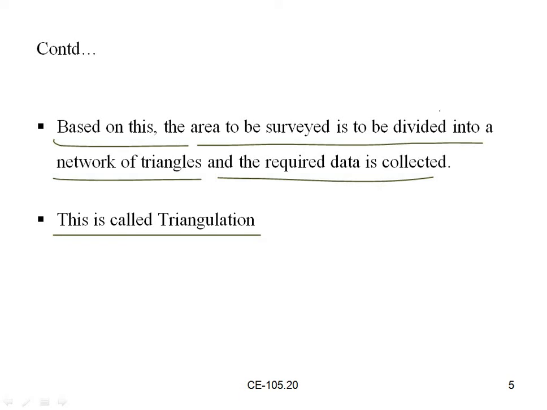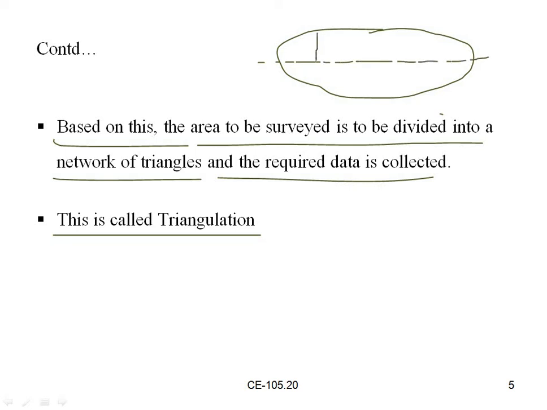We have seen this in the previous videos also. This is the area, and this is our chain line. In this we are dividing the area as per the plotting diagrams.